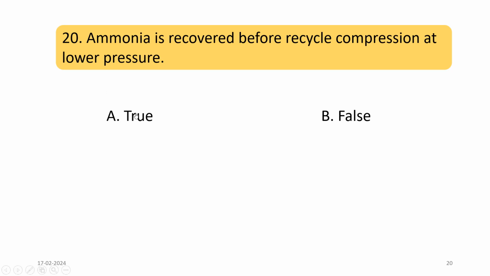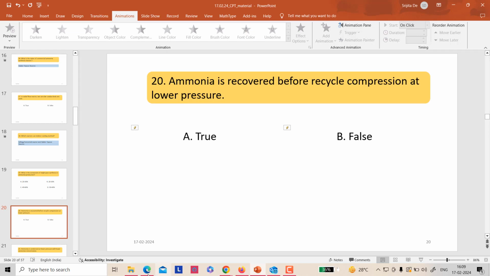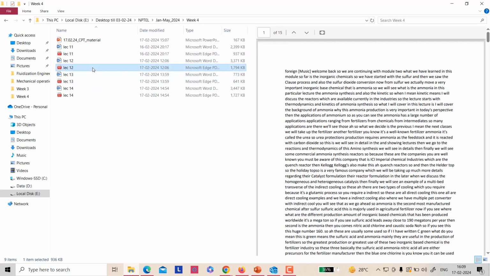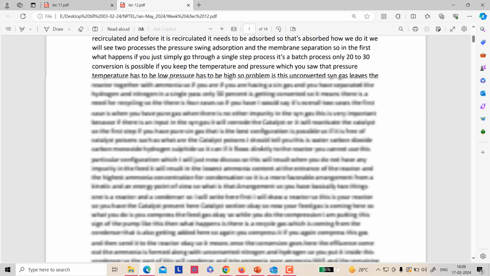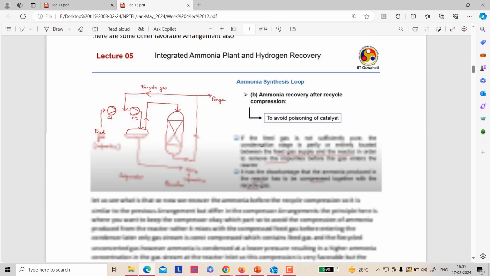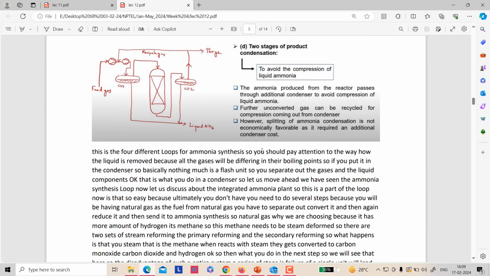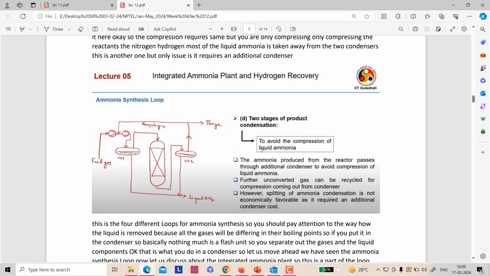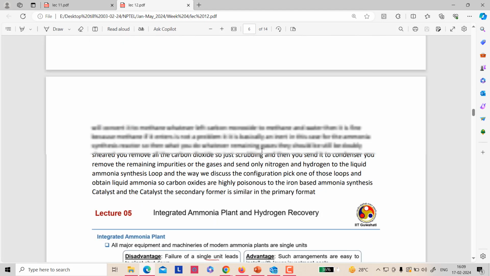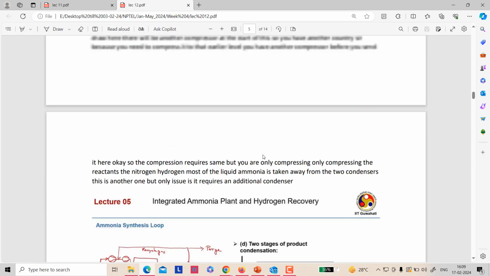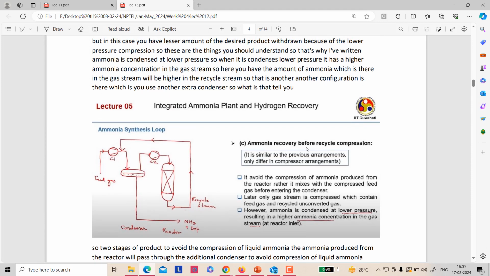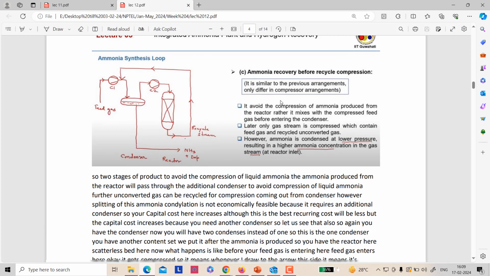So here the answer is true. You can see the chart. Here you can see that ammonia is recovered before recycle compression.